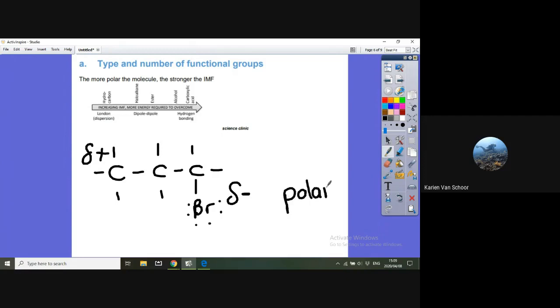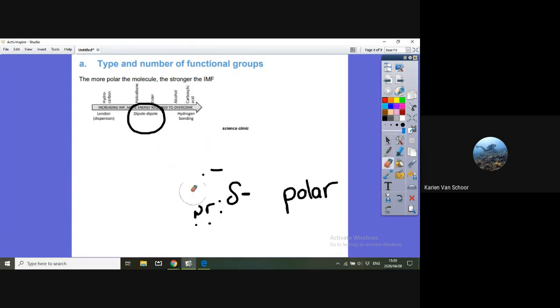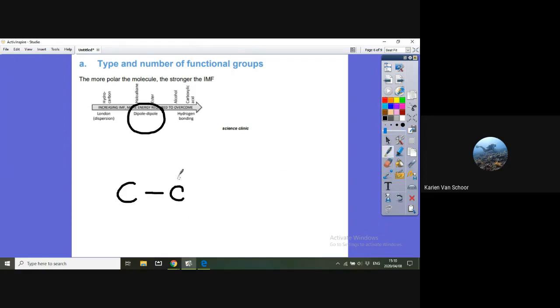If it's a polar molecule that does not have hydrogen bonding, then we know that it is going to be dipole-dipole forces. The same with an ester. If I draw an ester quickly for you, hopefully by now you know the homologous series and the functional groups. For an ester, we're going to have a double bonded O, then an O, and then the carbon chain carrying on.